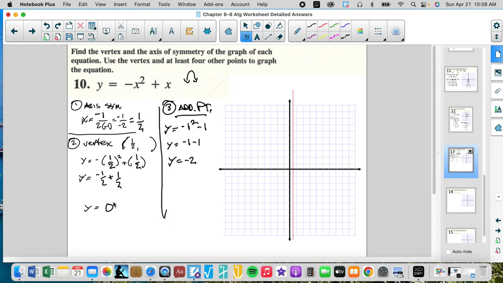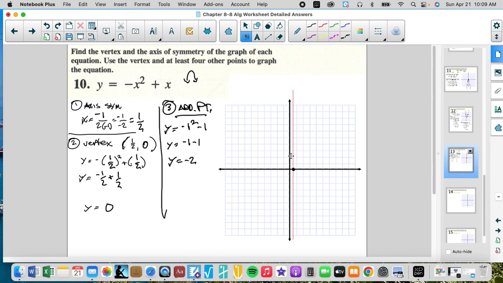So we get the point 1/2, 0. So it's right there. 0 on the y. We get the point 1/2, 0. What?